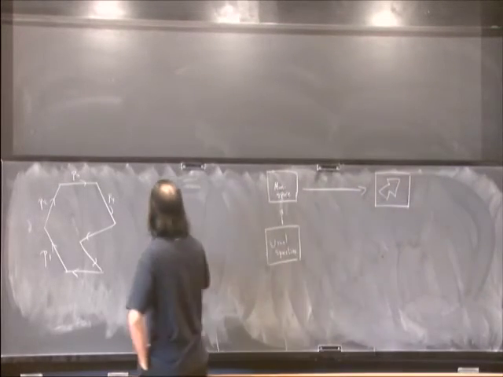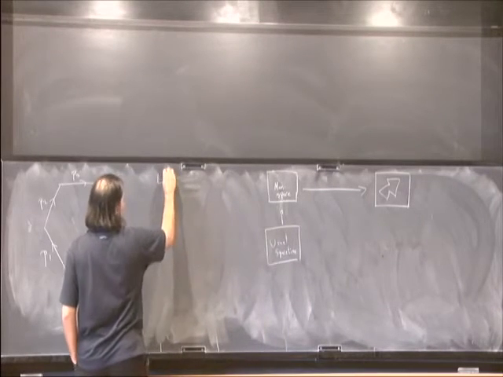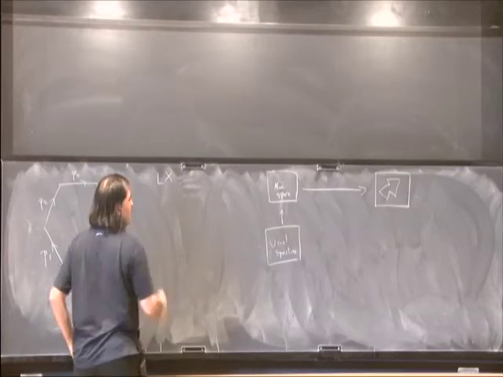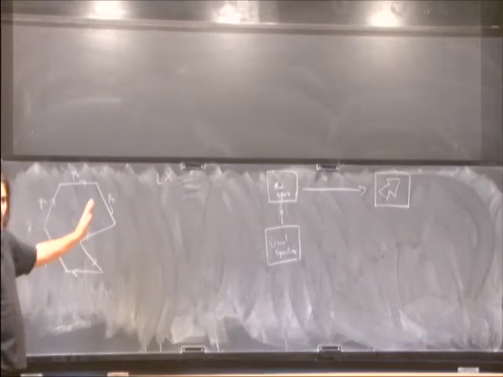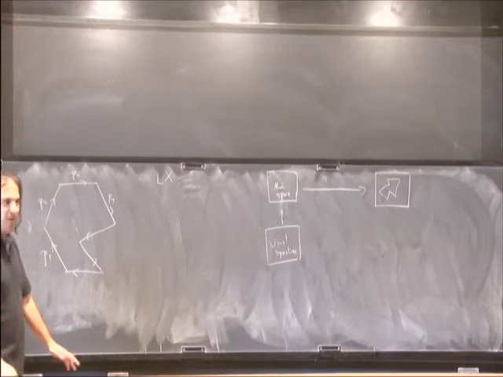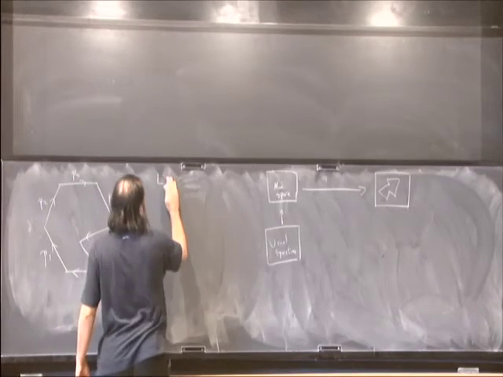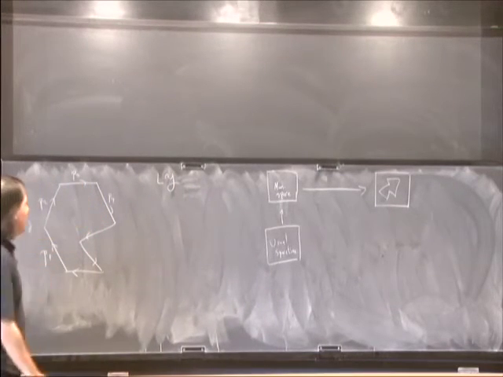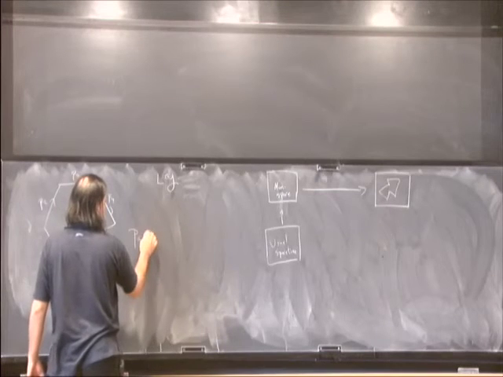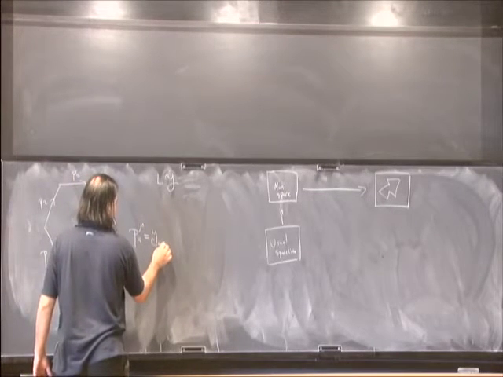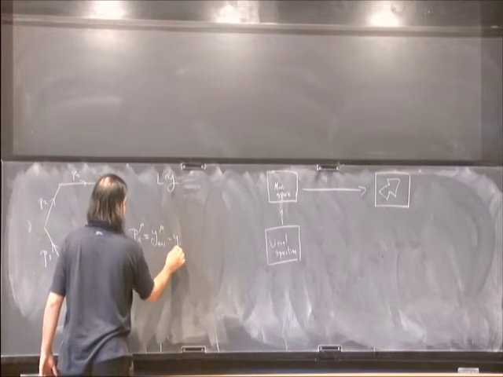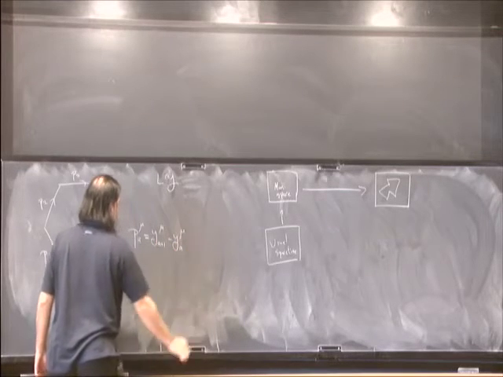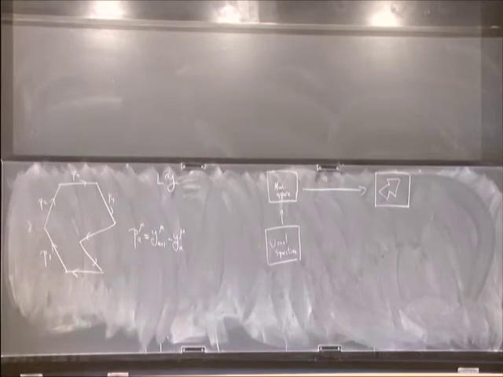I'm going to use variables x to describe this space, but please don't confuse it with standard space-time, so let me call it y. In this new space, the momentum of particle A is just the difference y_{A+1} minus y_A.